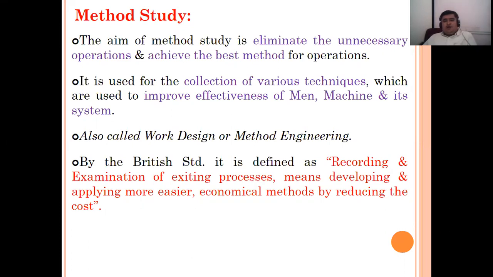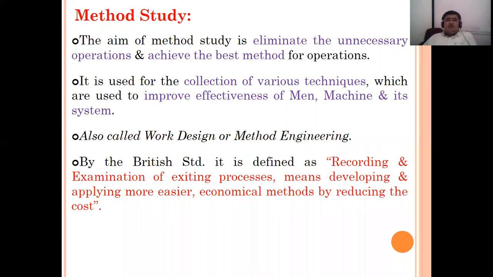And if it is found that out of this 9 to 5, this 8-hour shift, the worker has worked for only 5 hours, and 3 hours is non-productive time, or 3 hours are required for unnecessary operations, then while improving the productivity, what is meant by productivity?